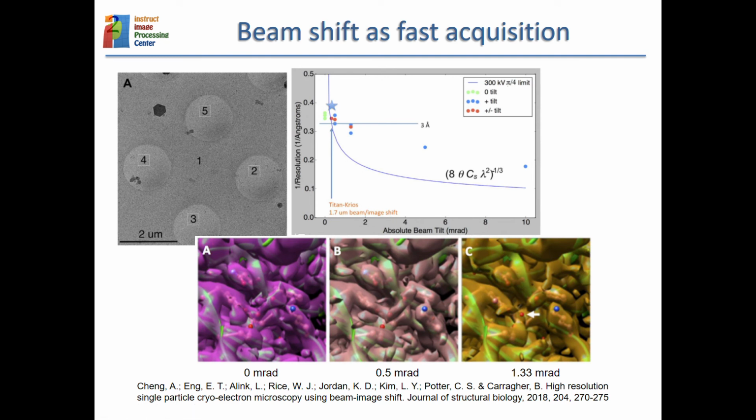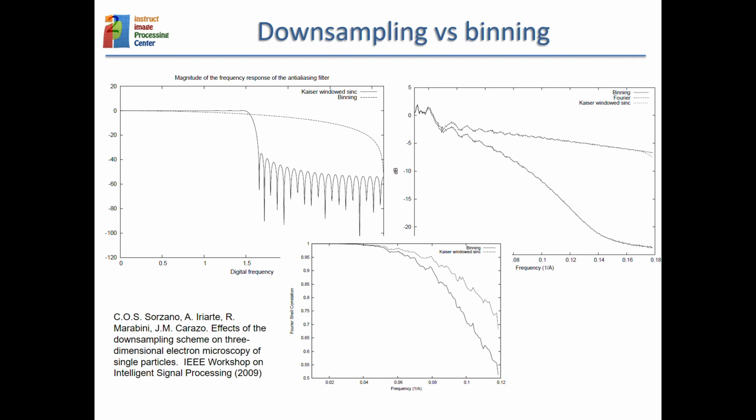And this idea that you can use the beam tilt and the beam shift as a fast acquisition tool doesn't affect much the resolution as long as you stay at relatively low resolution, meaning 4 or 3 angstrom resolution. And if you want to go further, you need to estimate the beam tilt and correct for it.